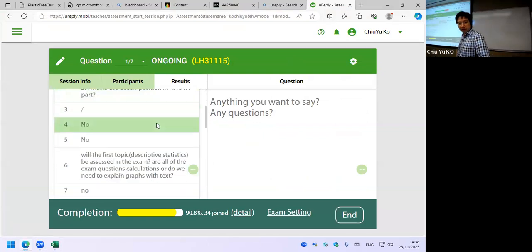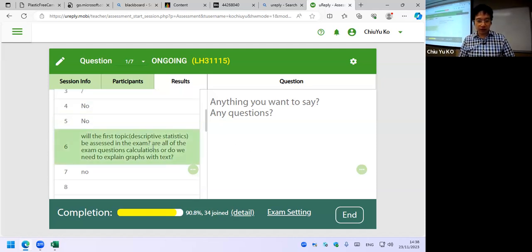Will the first topic be asked? Yes, the first topic definitely. Why would you think mean is not asked? All of the exam questions are calculations, all based on calculation, not asking you to tell me what X, Y, Z is, because it's open book.